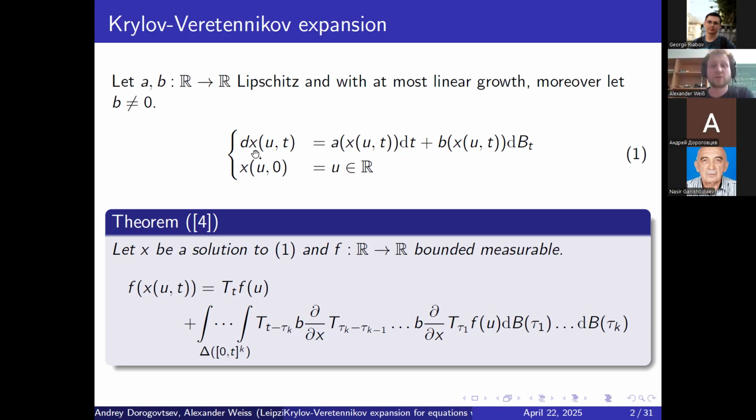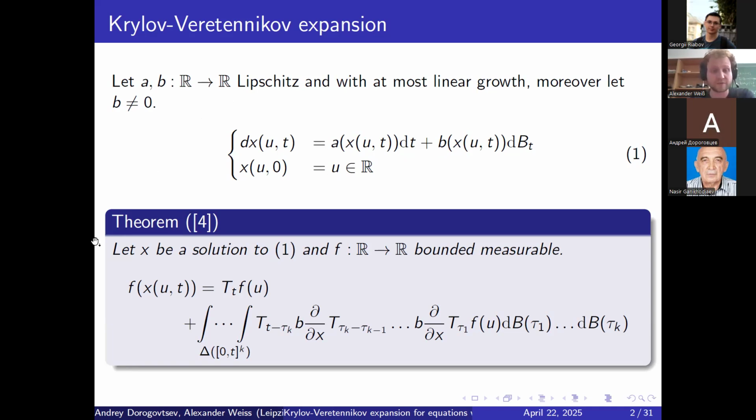We look at the normal SDE, or a system of SDEs, for each initial condition with Lipschitz coefficients with at most linear growth, in one dimension, and we also assume B to be non-degenerate.